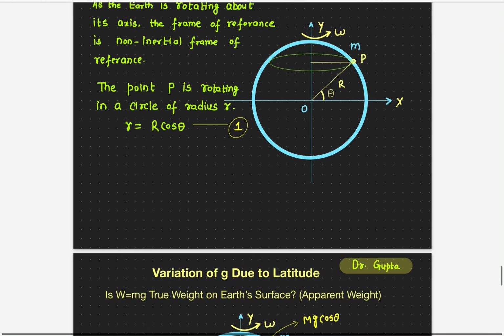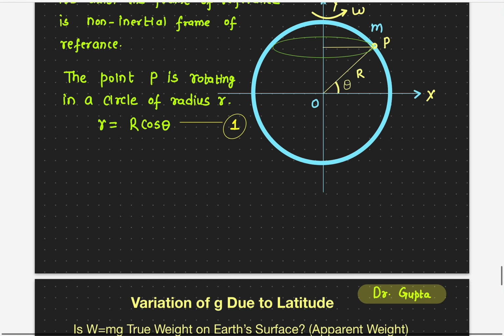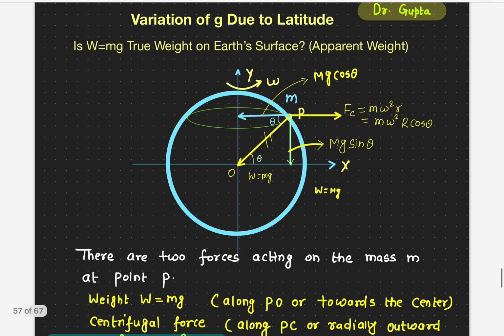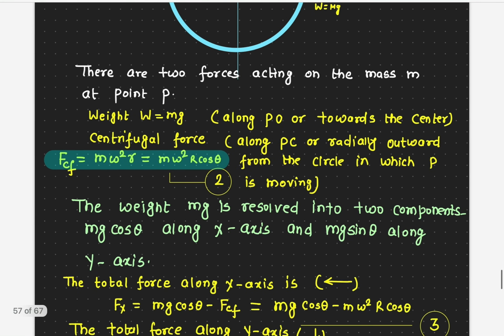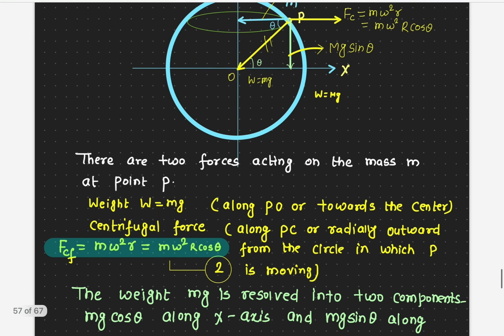You see, we already calculated that this point P moves in a circle whose radius would be r cosine theta. So we have written down all the important information we needed, and the rest is simply the math. So again, the weight is mg, which is towards the center of the earth, and the centrifugal force is radially away from this circle here.